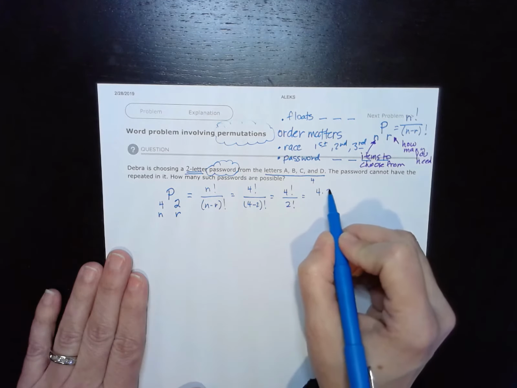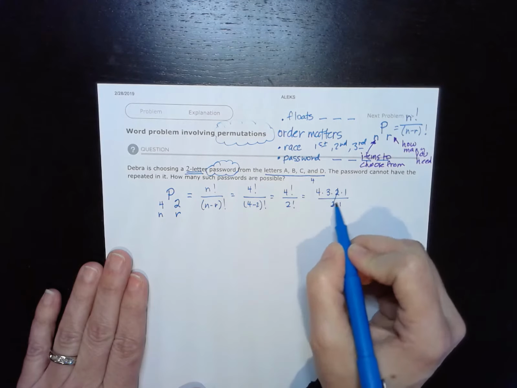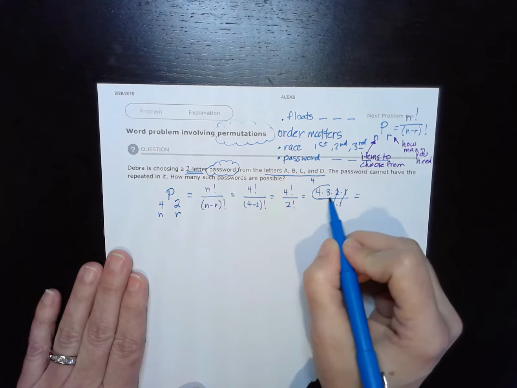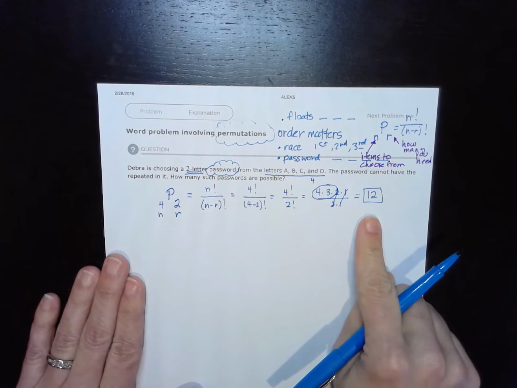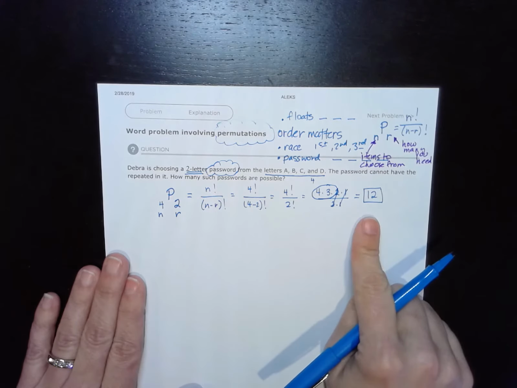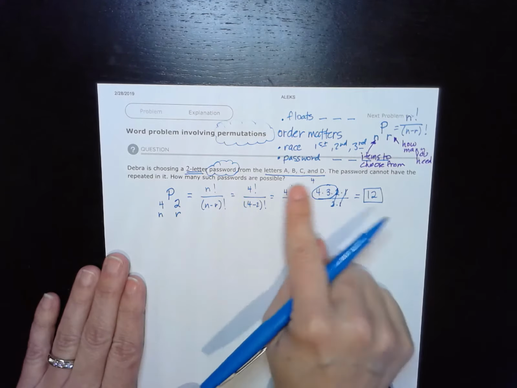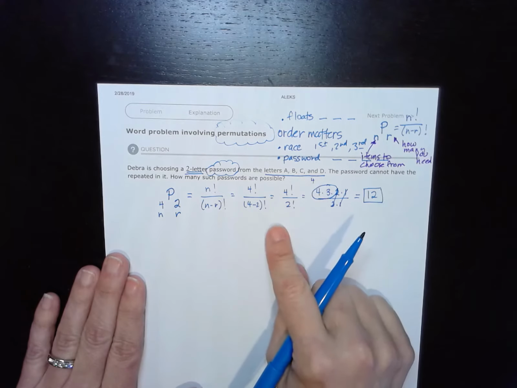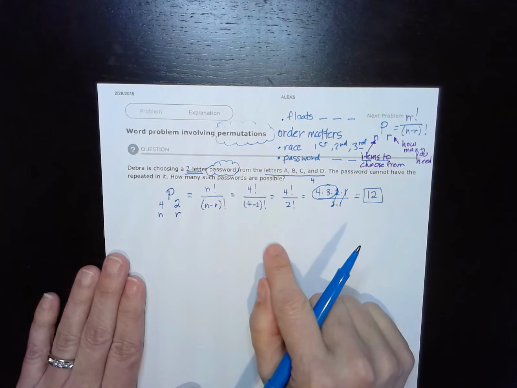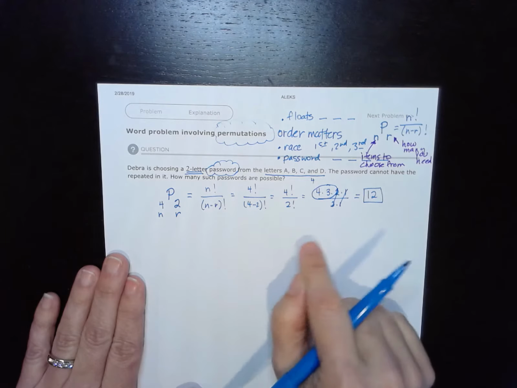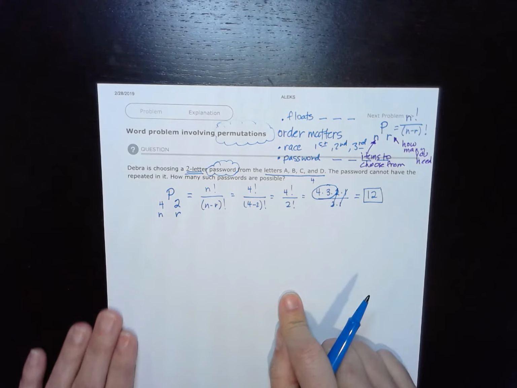So if I were to write it out, it looks like 4 times 3 times 2 times 1 over 2 times 1, and those will divide out, and so I'm left with 4 times 3, and 4 times 3 is 12. So there are 12 different ways I can make this 2-letter password. This is a pretty simple problem. I could write them out. I could do AB, AC, AD, BA, BC, BD, and so on. And you could list all of them, okay?